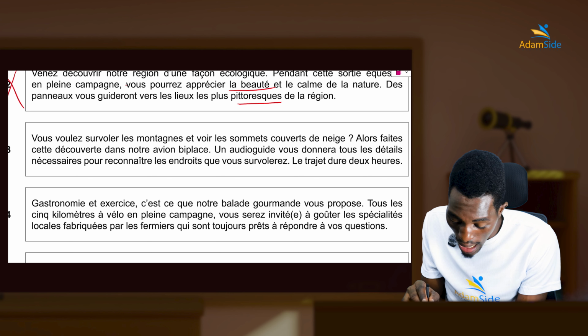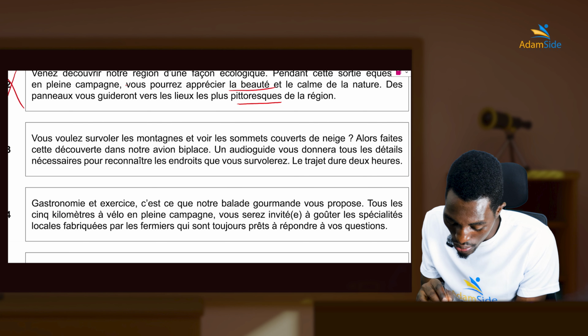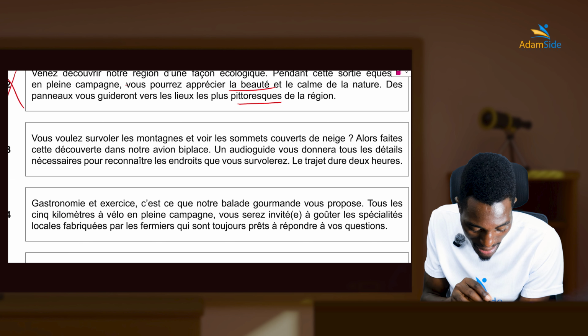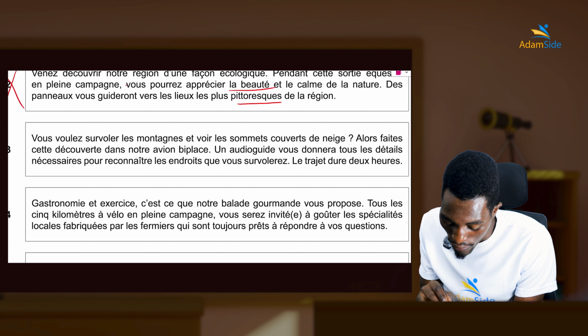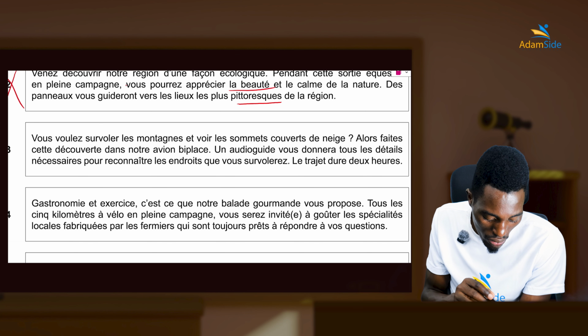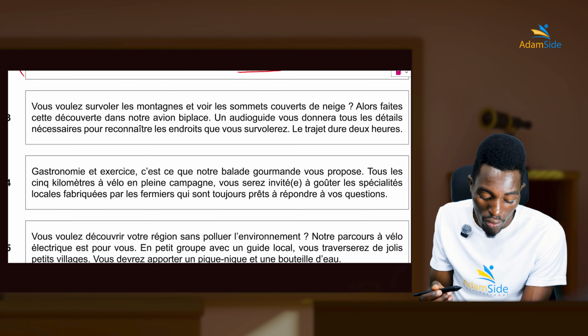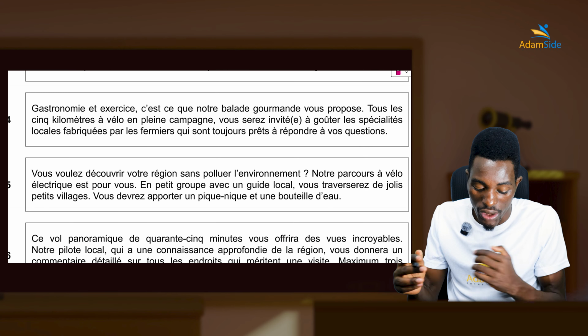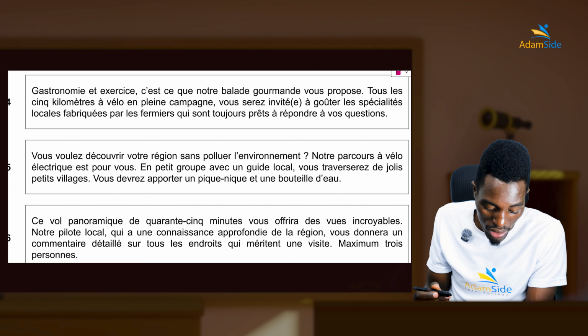Survoler. Alors, faites cette découverte dans notre environnement. On vous donnera tous les détails nécessaires pour reconnaître l'endroit que vous survolerez. No. Then we go to gastronomy. No, it's not talking about gastro. Gastronomy is the one who is responsible for tasting foods. So Claudine is not about that.